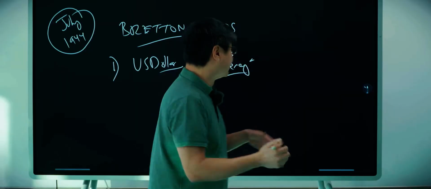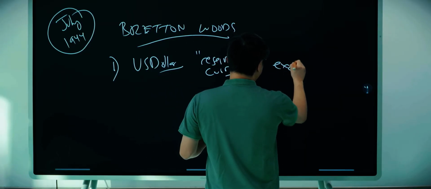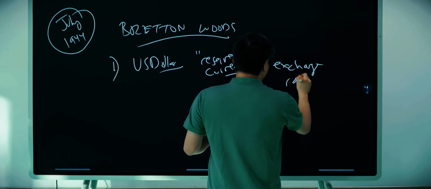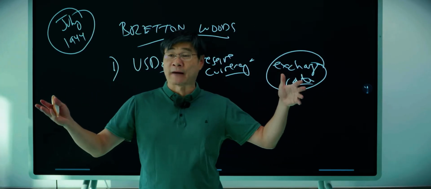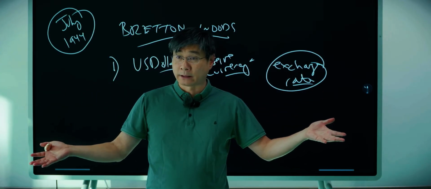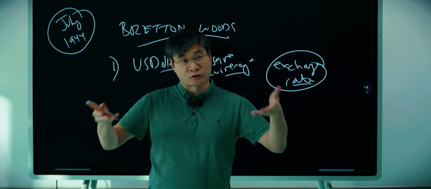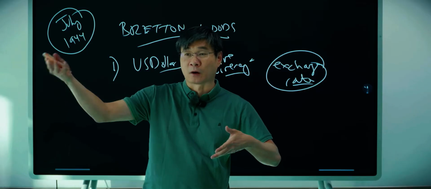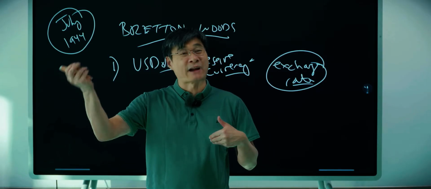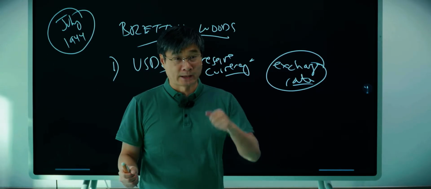They also agree on exchange rate. Okay. Does it make sense? Okay. And this is a system that we have today. Okay. All right. The global reserve currency is the US dollar. That's what's valuable. The renminbi derives its value from its relationship with the US dollar. The renminbi is not valuable by itself. Okay. All right. That's number one.